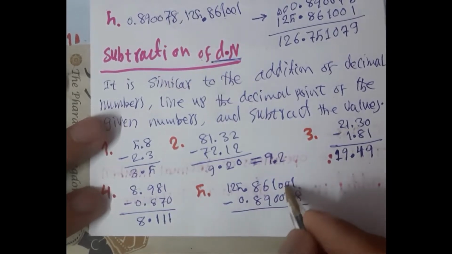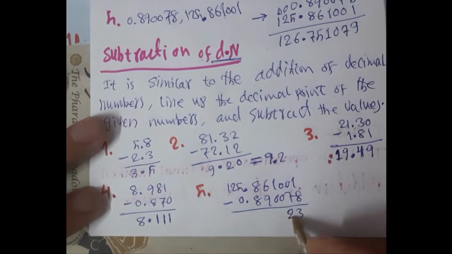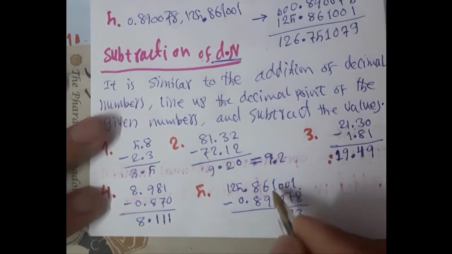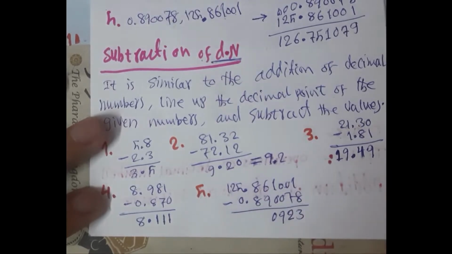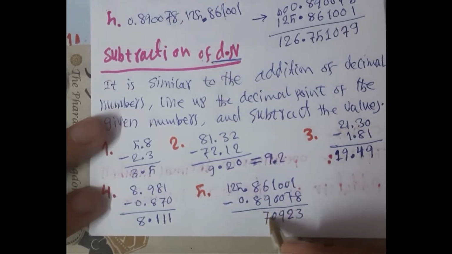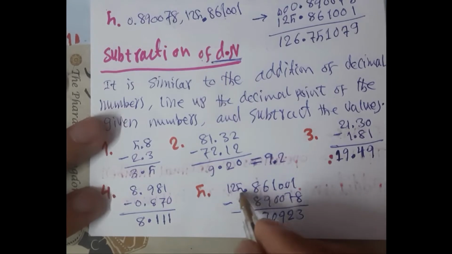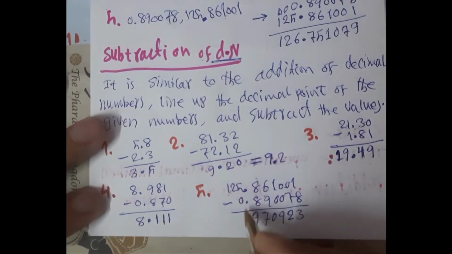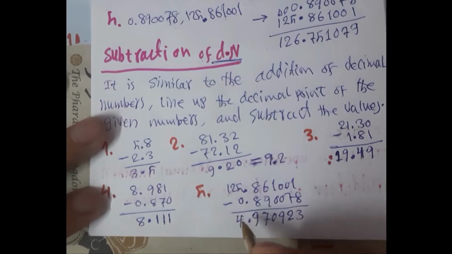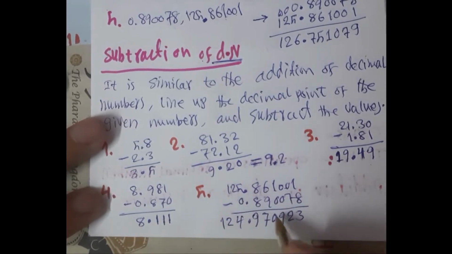We have 9. 9 minus 7, 2. 9 minus 0, 9. 0 minus 0, 0. We have 16 minus 9, 7. We have 7. We cannot subtract 8 from 7. We borrow 1 from here, it will become 17. 17 minus 8, 9. 124.970923. It is the answer of this question.